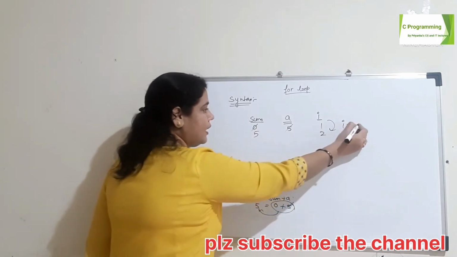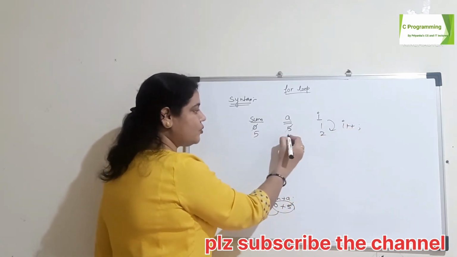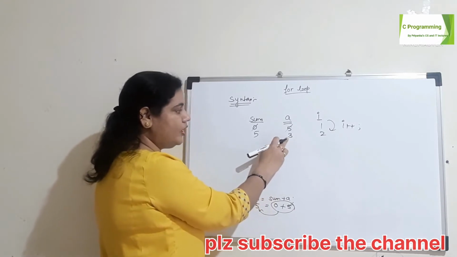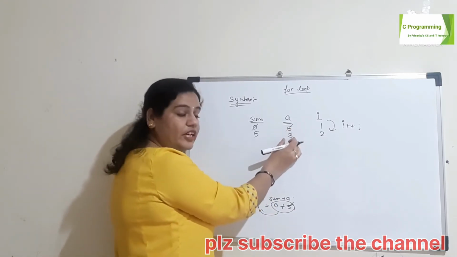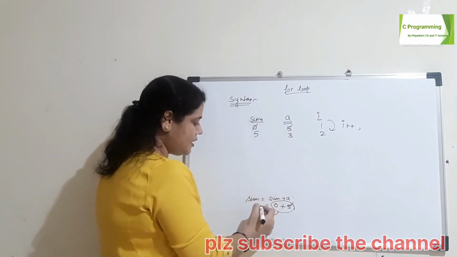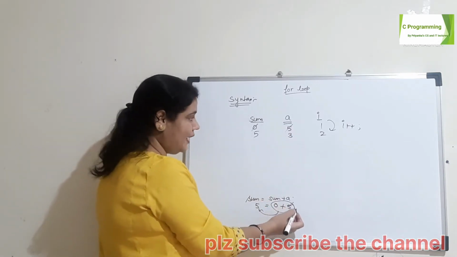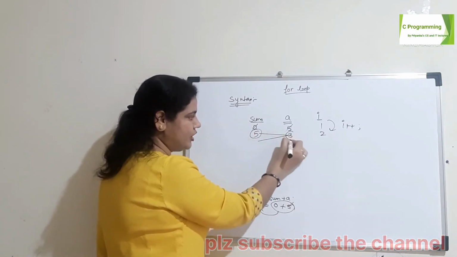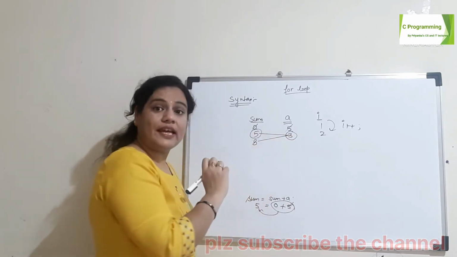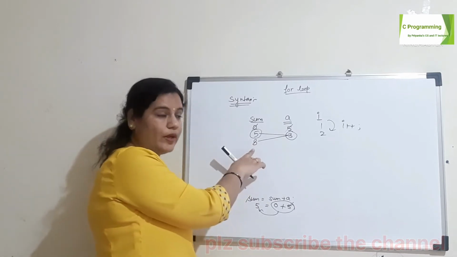Then the user will enter, suppose, 3. Then 3 will overwrite 5. In place of 5, 3 will be stored. After that, sum = sum + a. 5 plus 3, then it will become what? 8. 8 will be the latest value.